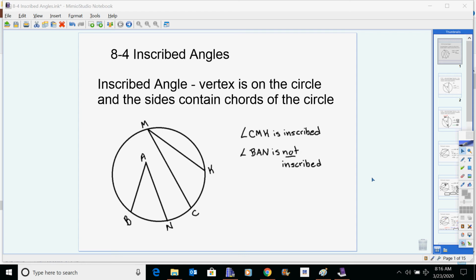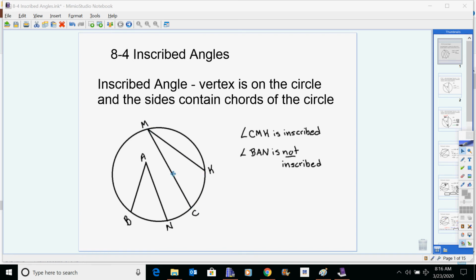We've used that word inscribed before, but we need to specify it for angles. In order for an angle to be inscribed, the angle has to start and end right on the circle, and the vertex has to be somewhere else on the circle.